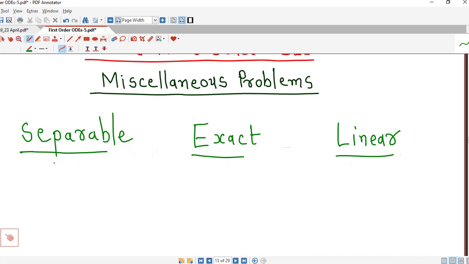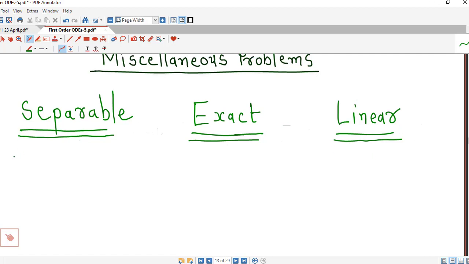That is, we have discussed how certain types of differential equations can be converted into separable differential equations. We have seen how to convert a given differential equation into an exact differential equation by using integrating factors, and we have also discussed how a particular type of non-linear differential equation can be made linear.